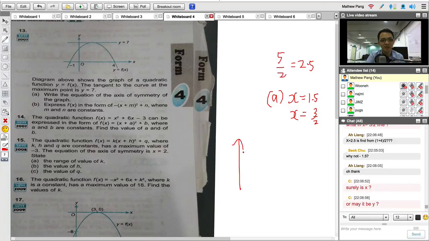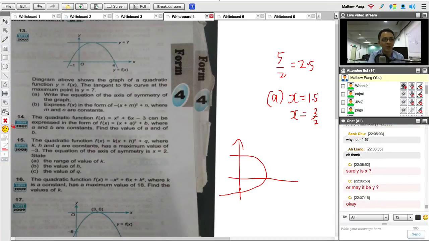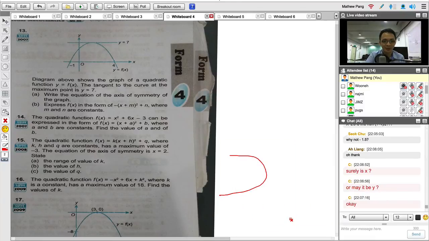The quadratic graph, one day you will see something like this, unless you are in the integration chapter, because this is not quadratic anymore. This one has another name. For quadratic, always x equals something. Why can't I delete this one? Just delete it. Okay, good.